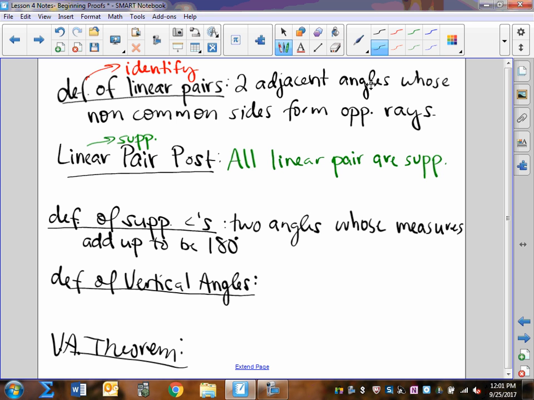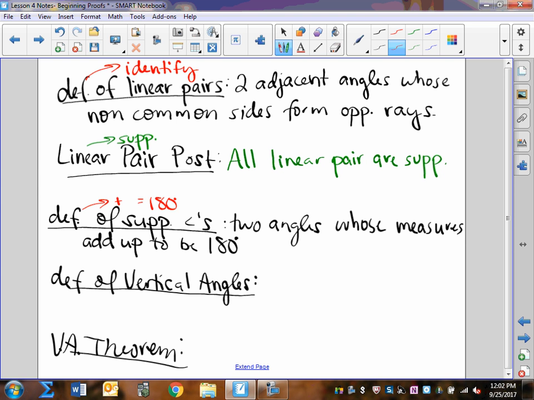Now, it might be slightly different. Two angles whose sum is 180 degrees, like that. But it's the definition of supplementary angles that allows us to say if it's supplementary, then we know it adds up to be the 180. Okay, so this is what allows me to say it adds up to be 180.